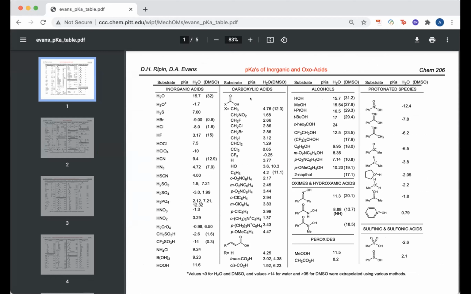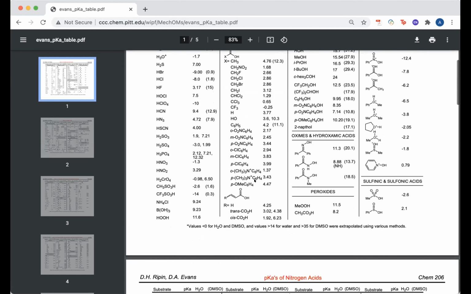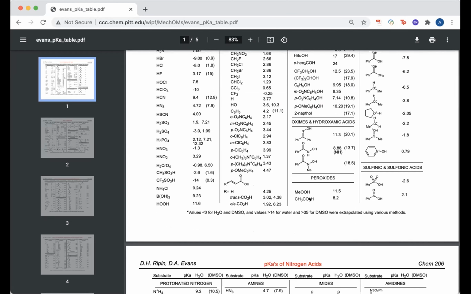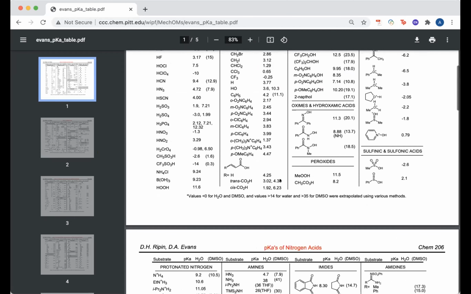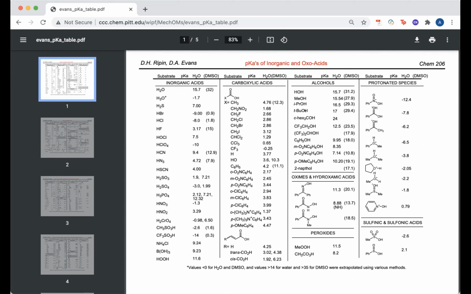So you can see there's carboxylic acids. There's all the strong acids here, such as H2SO4, which I read in your book, HCl and HBr, as well as the protonated version of water, and several more complicated functional groups. So just so you know, this is a resource you can use, and I'll also be adding this to the course shell in Canvas for your use as well.